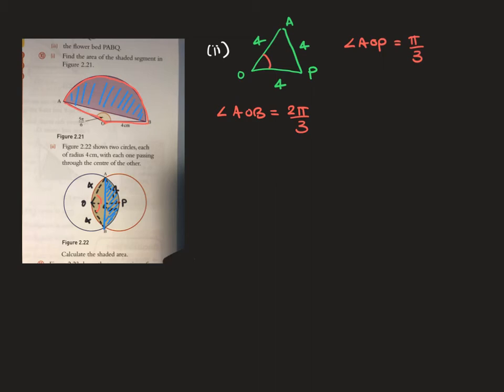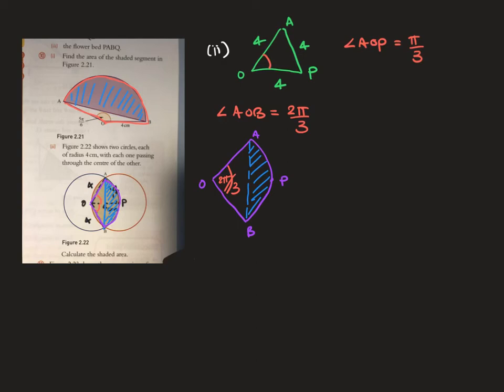So I want you to focus on this purple outlined sector here. Goes from A to O, down to B, and then all the way along here, and then P is that point there. Now, what we're going to do is calculate the area of this blue sector here, remembering that this angle here is 2 pi by 3 radians.